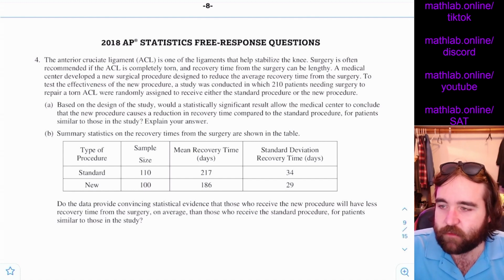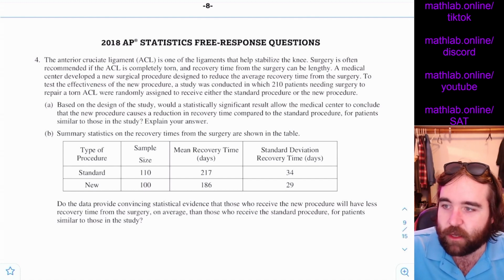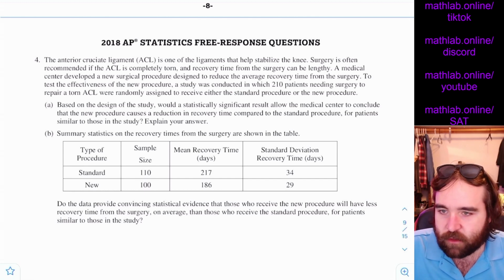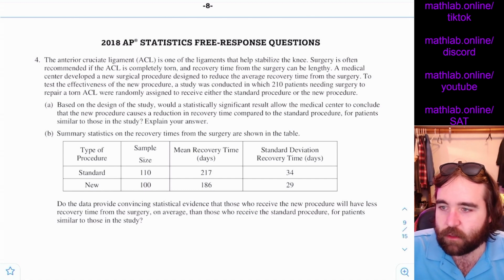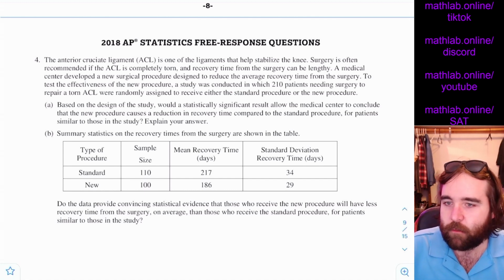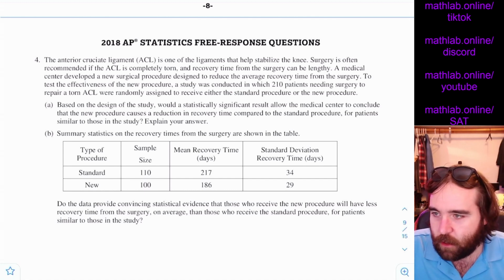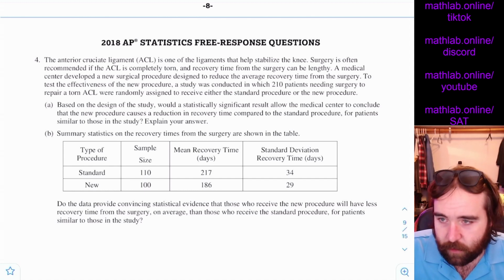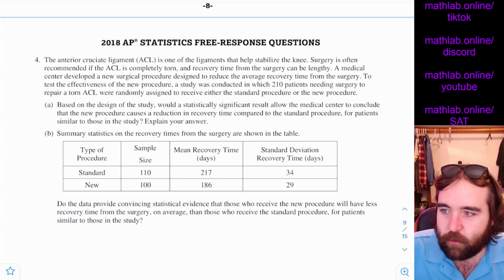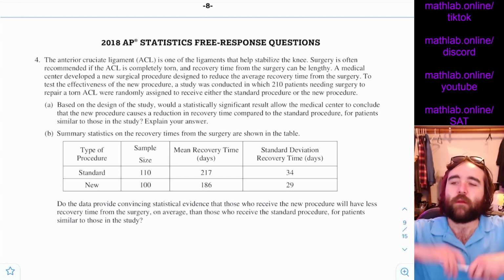To test the effectiveness of the new procedure, a study was conducted in which 210 patients needing surgery to repair a torn ACL were randomly assigned to receive either the standard procedure or the new procedure. Based on the design of the study, would a statistically significant result allow us to make a conclusion that the new procedure causes a reduction in recovery time compared to the standard procedure for patients similar to those in the study?